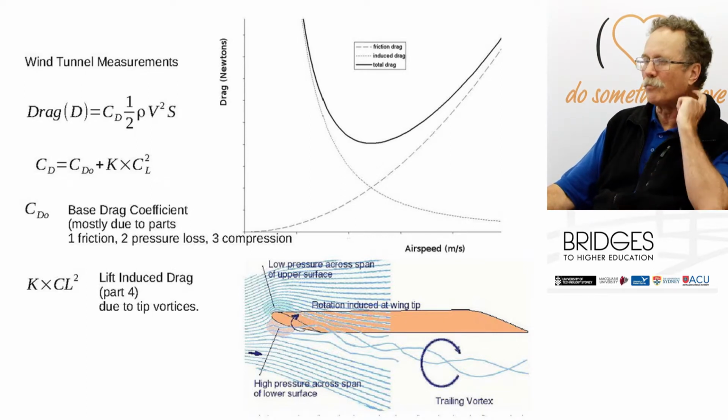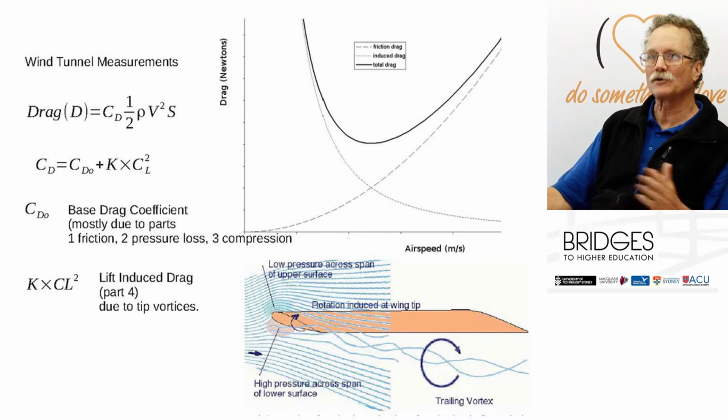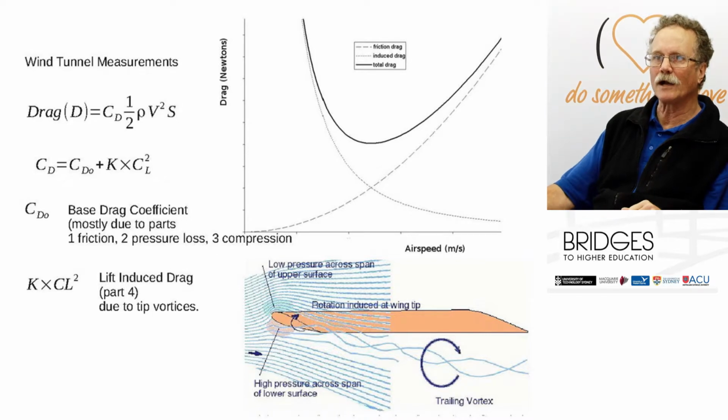First part we call base drag, made of the friction effect, the rubbing of the air on the surfaces, any pressure difference fore and aft, and any compressibility if we're going too fast. And then there will be a term of drag which is proportional to the lift, which is a constant times the lift coefficient squared, and that's due to these rotating tip vortices.